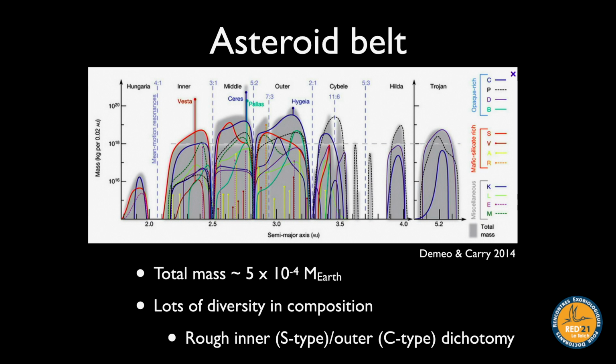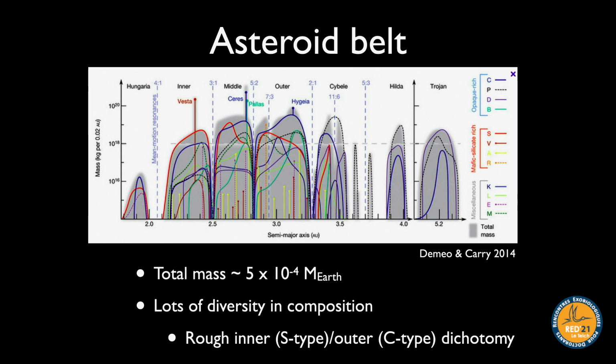The asteroid belt is very interesting in that it has a very large region of orbital real estate between the orbits of Mars and Jupiter, yet it is mostly empty. It only contains less than 1,000th of an Earth mass in this very big region. And so the fact that it's mostly empty is actually a pretty big constraint on solar system formation models.